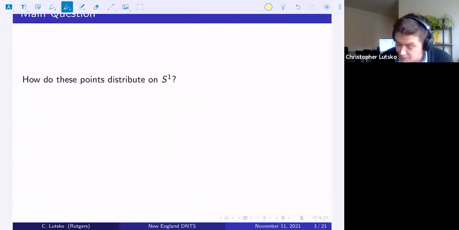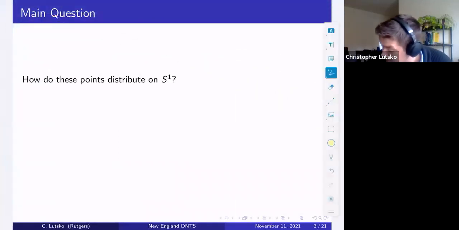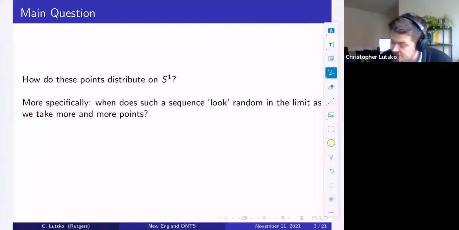What's the question? The question we want to ask is, how do these points distribute on the unit circle? Slightly more specifically, we want to ask, when does this sequence look random in the limit as you take more and more points?